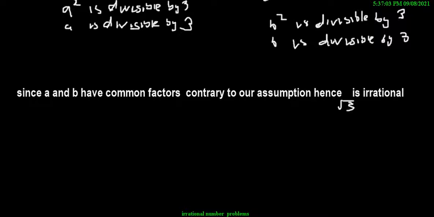Okay, let's try another question. Let's try this question out. So square root of 2 minus 1. Let's prove that this one is irrational.